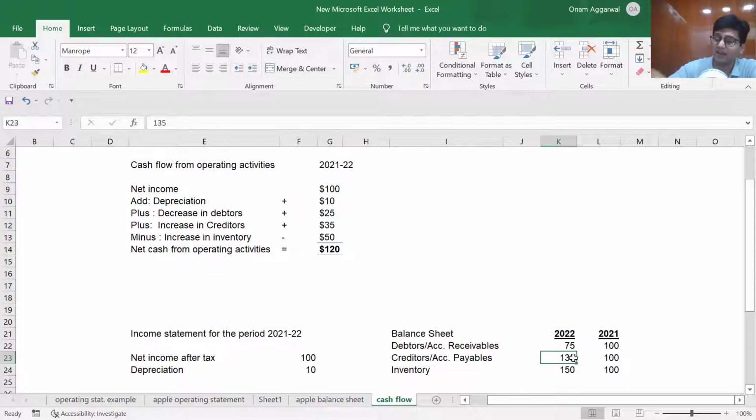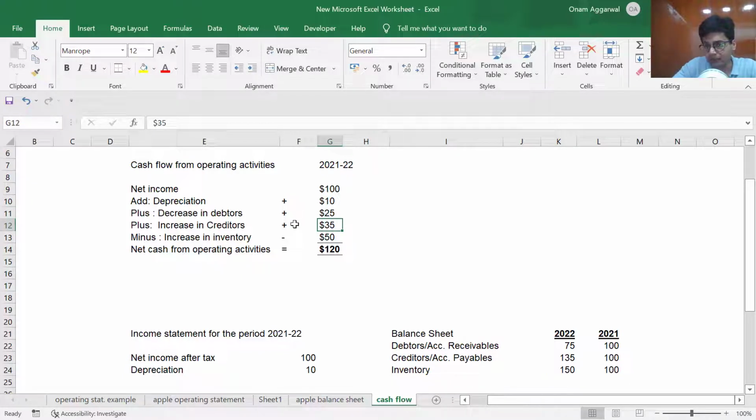That means that if I had paid the creditors, I would have had to reduce my cash. But since I have not paid my creditors, it has resulted in an increase in current liabilities and accordingly my cash flow will increase. So when my current assets are reducing, my cash flow is increasing. And when my current liabilities are increasing, my cash flow is increasing.